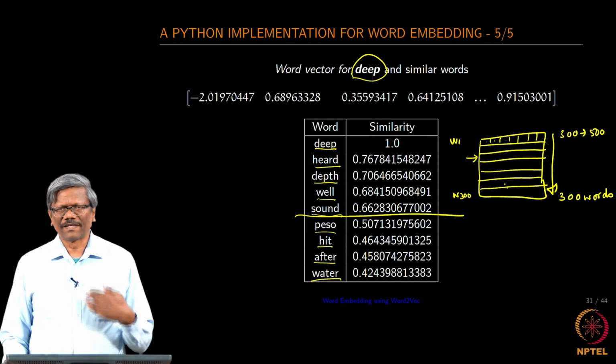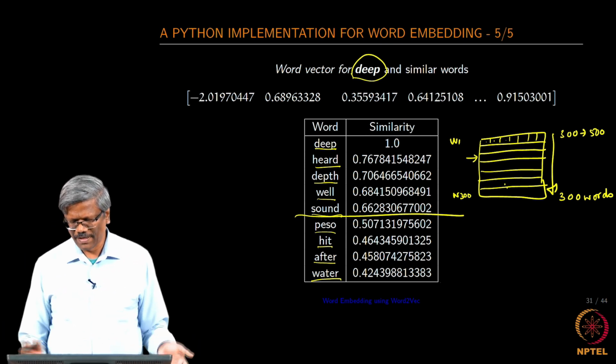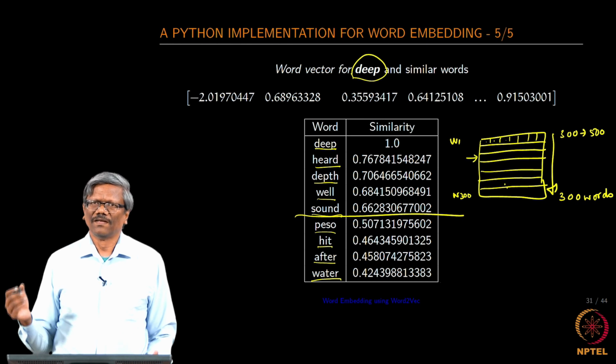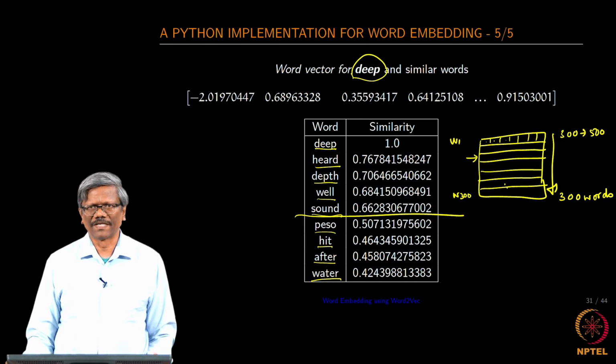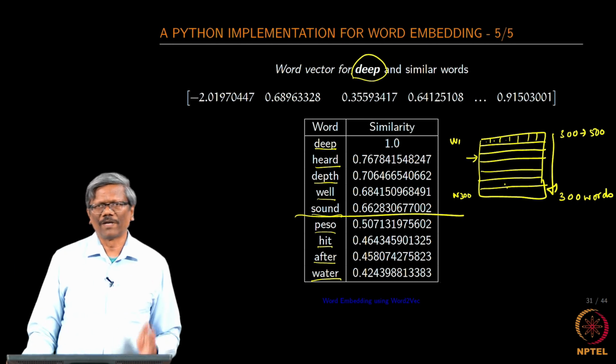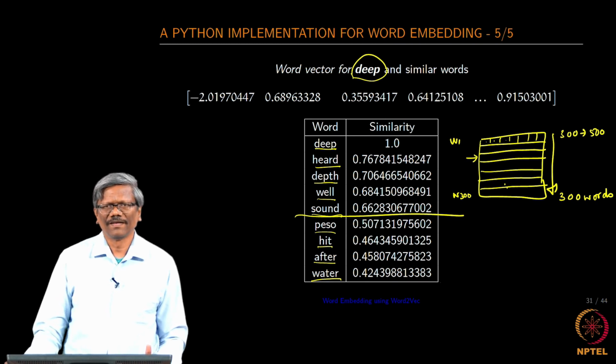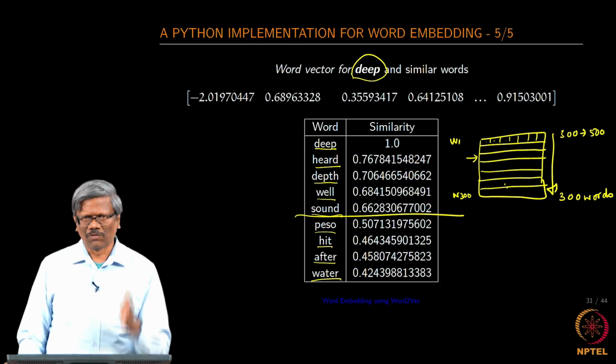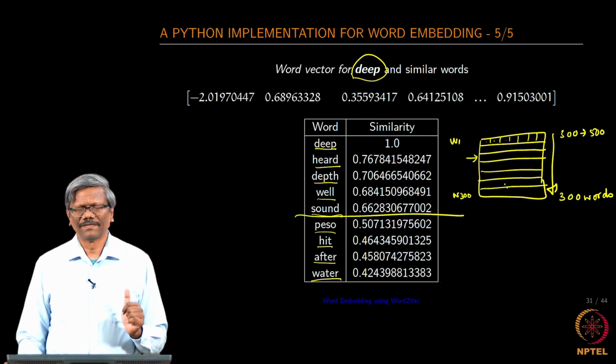If you start looking at a larger corpus where you have more than 1 million words as your vocabulary, I am going to have 1 million one-hot vectors, and every one-hot vector will have 1 million elements.